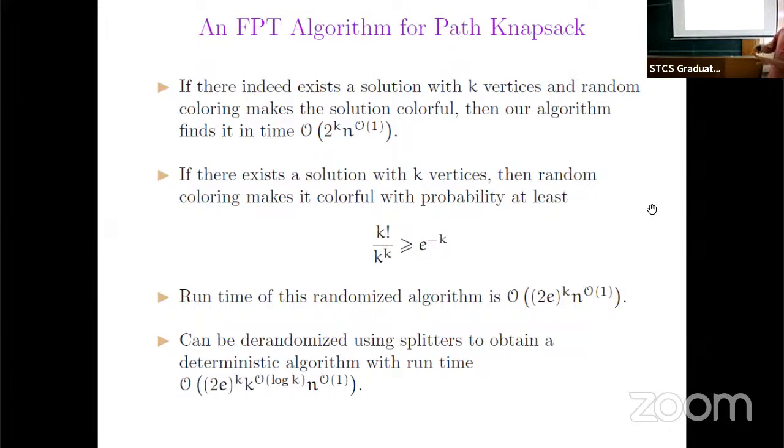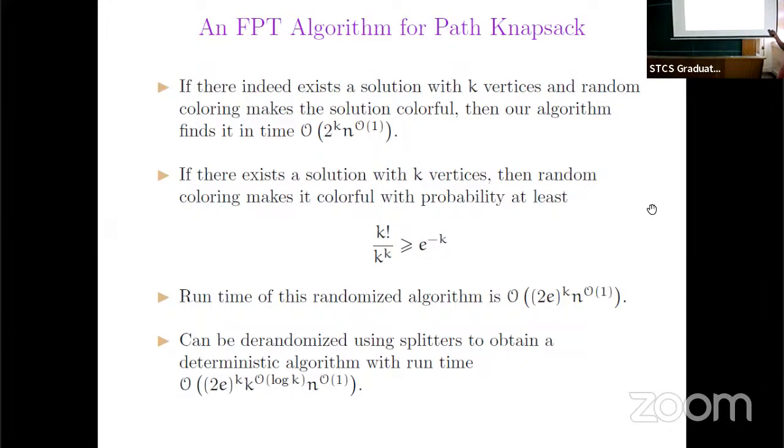So two things. If there exists a k-path between X and Y, and if the random coloring makes it colorful, then my algorithm finds that path in this much time. What is the probability of that? k to the power k is the total number of possible colorings, and k factorial is the number of colorful colorings, so the probability is at least e to the power minus k.